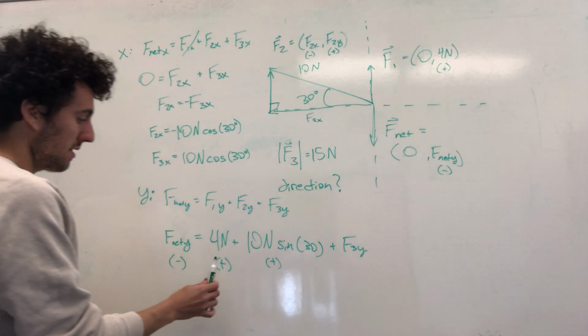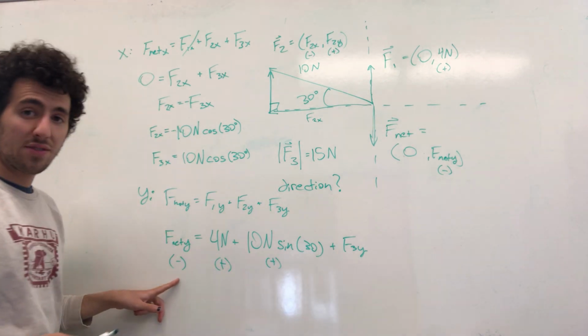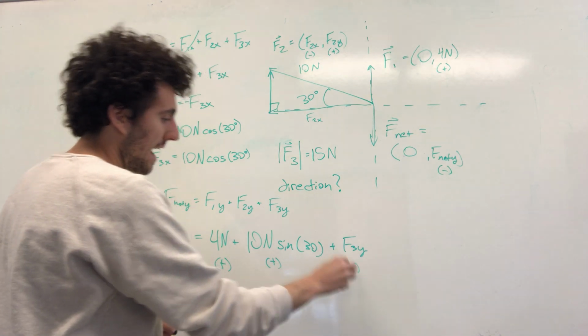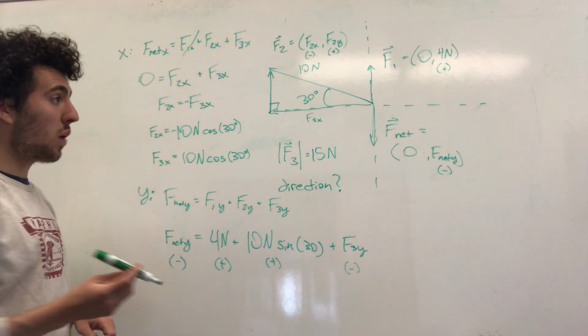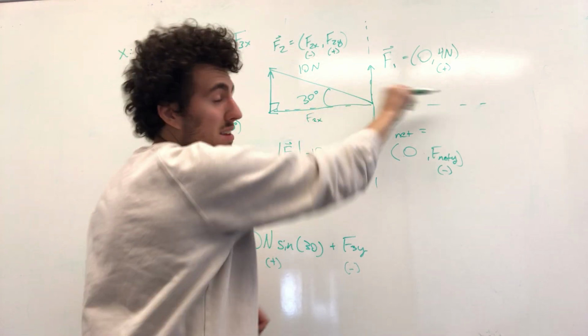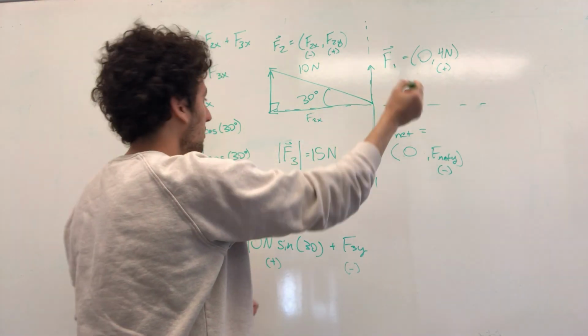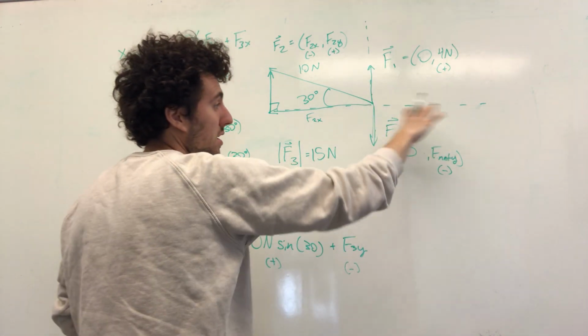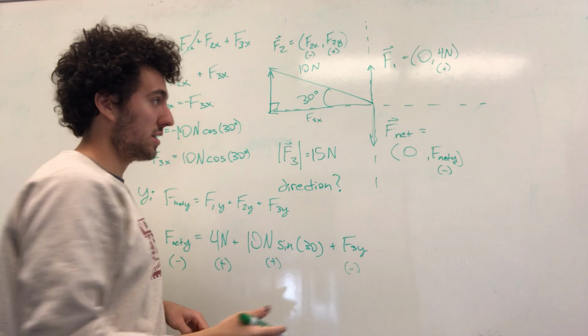Because if we want this plus this plus this to be a negative number, then positive, positive, this has to be negative. So now qualitatively, we know we said f3 points in the positive x direction, and now we just figured out it points in the negative y direction. So it's going to be pointing somewhere in this southeast quadrant here.